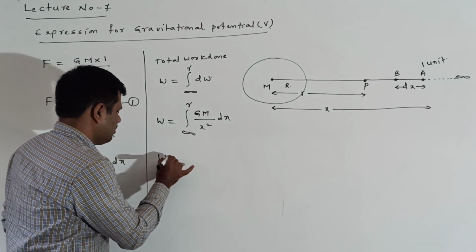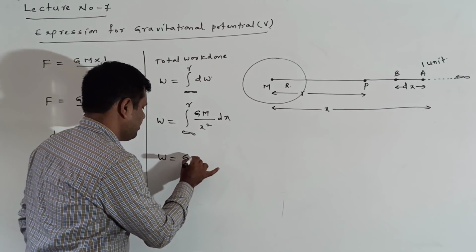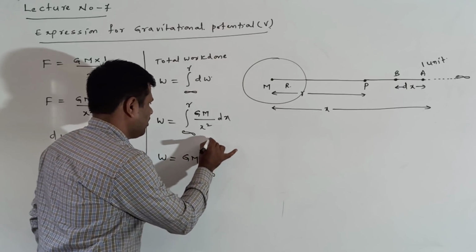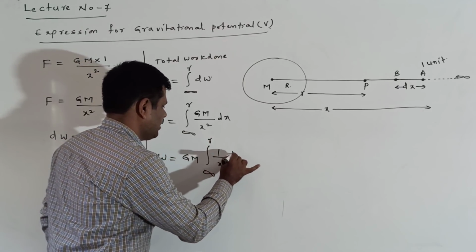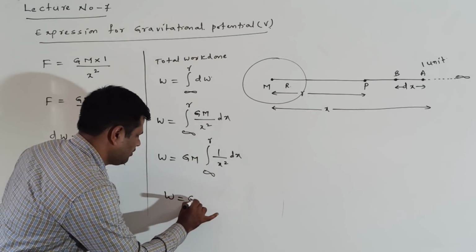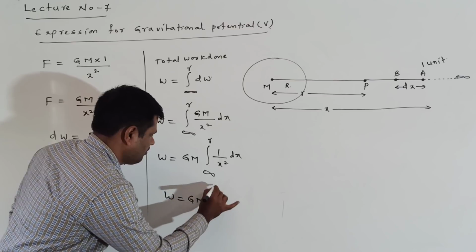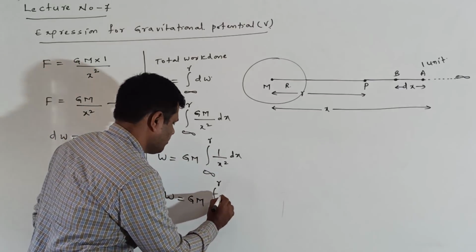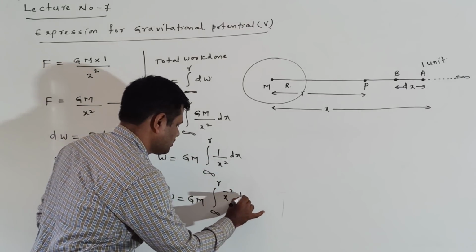So W is equal to GM taking outside, remaining infinity to R 1 by x square into dx. Now W is equal to GM into infinity to R, here 1 by x square can be written as x power of minus 2 into dx.